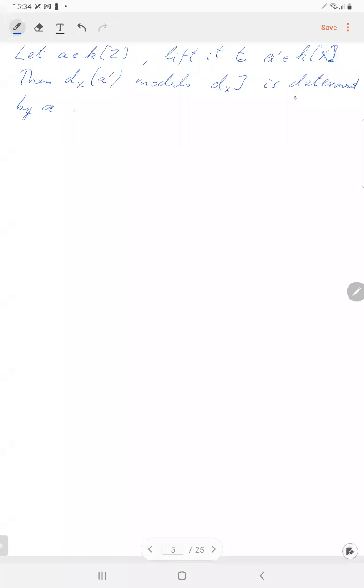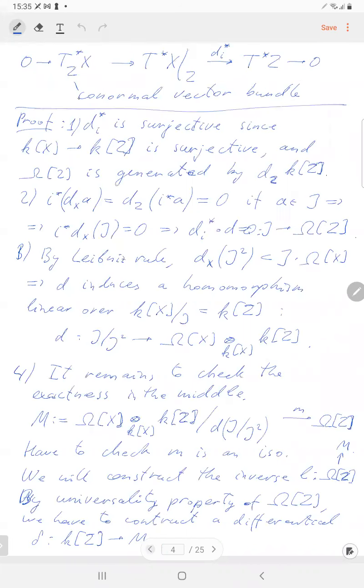So we set delta of a is this class of dx of a prime, and this class is in M. M is exactly the quotient as you see modulo differentials of J.